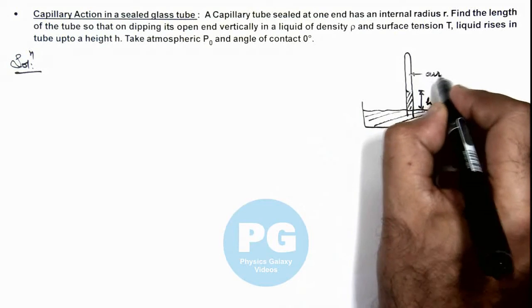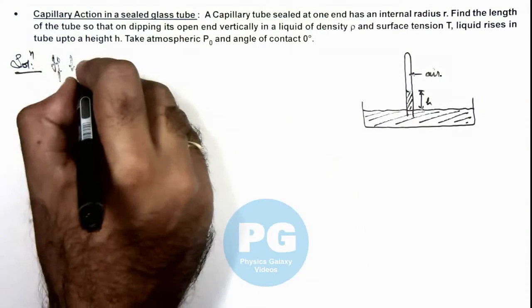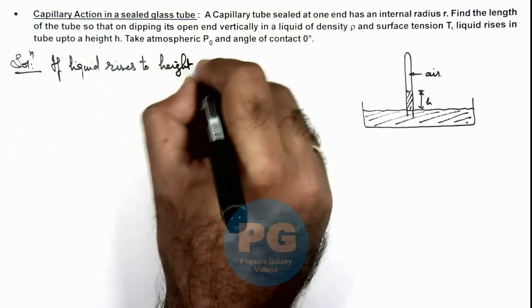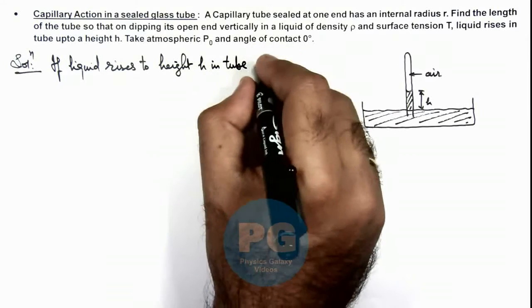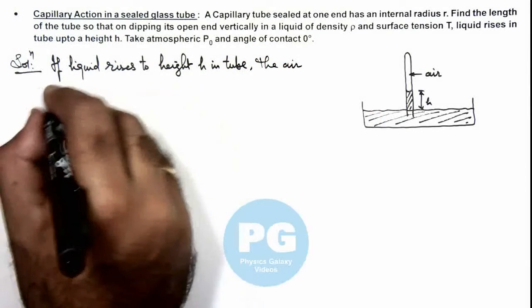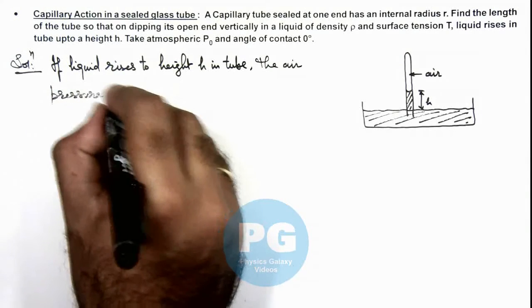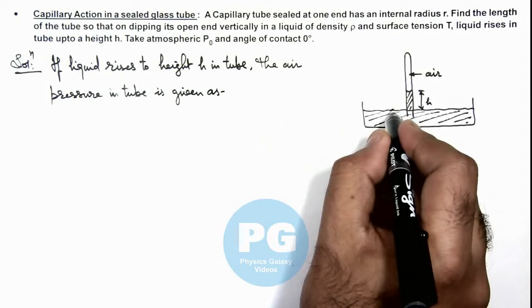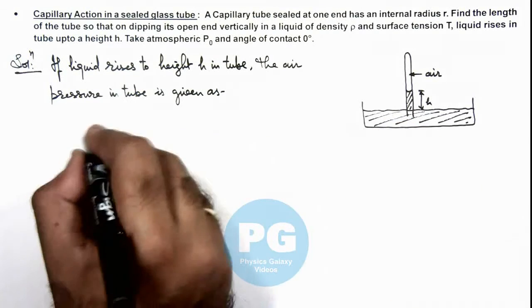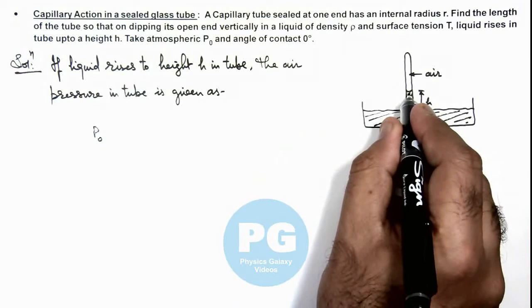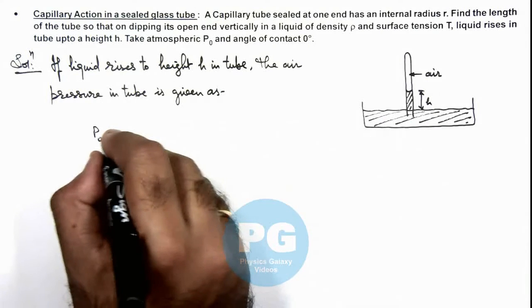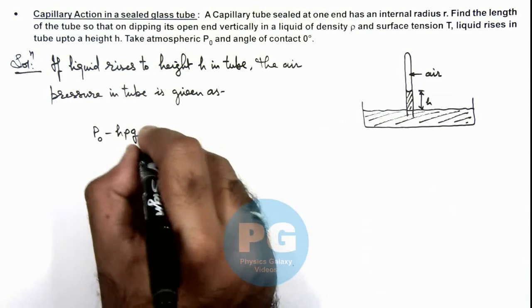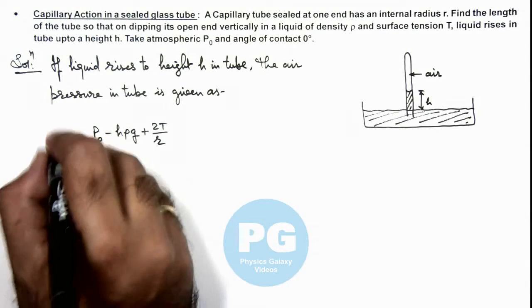If liquid rises to height h in tube, the air pressure in tube is given as, we can calculate pressure on the atmospheric level is P0, and up to a height h just below the meniscus the pressure will be minus h rho g, and above the meniscus it will be an excess pressure which is 2T by R. So this is the pressure of air in the tube.